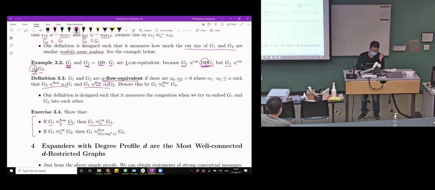The thing is just that we have seen that if H is less than G in the flow sense, then H is less than G in the cut sense. This is no factor that we lose. But in the other direction, you lose a log n factor.